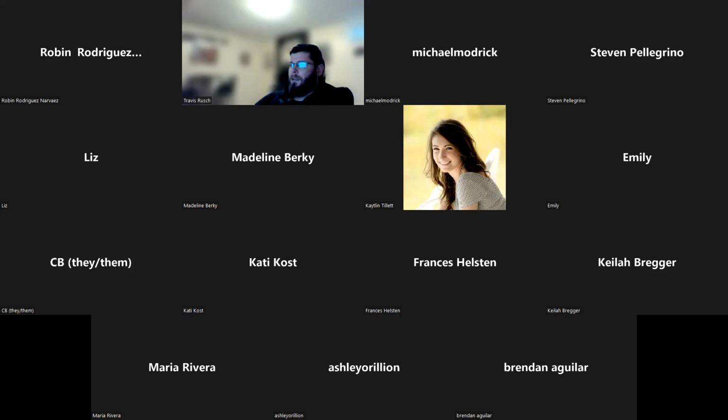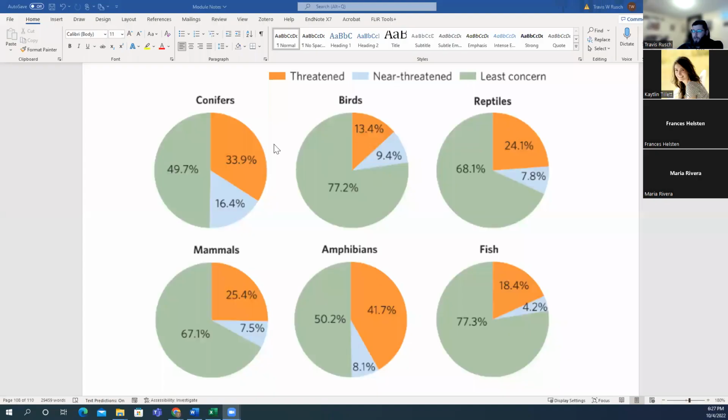This says, summarize which groups of animals and plants are most at threat of extinction from global change. Yeah, so someone said frogs. I think we can be a little more general, and I think Cogbooks meant just put it as amphibians. So I'm going to share my screen because this is referring to a specific chart, right?